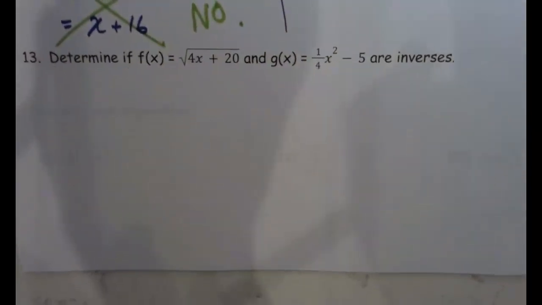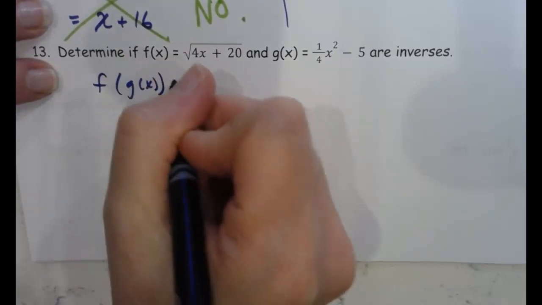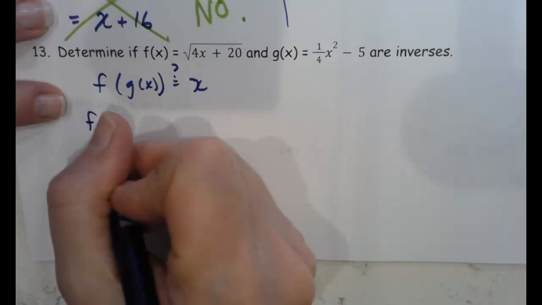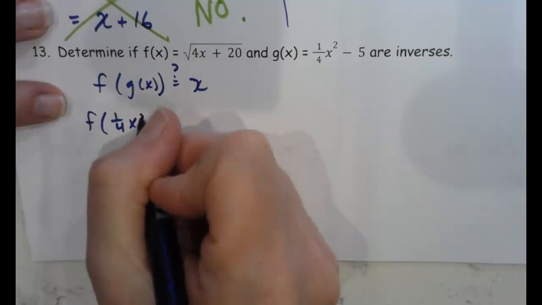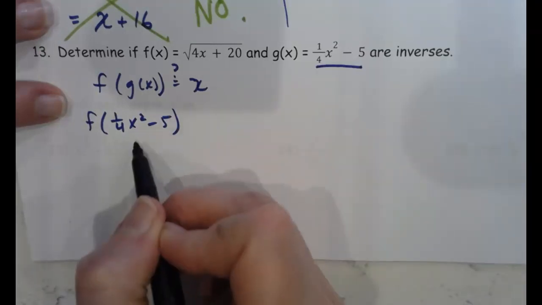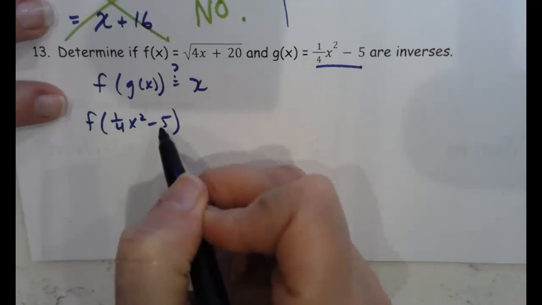Let's do the one on the bottom very quickly. F of g of x. Do we get x? Question mark. Let's see. F of 1/4 x squared minus 5. So notice that I just put the g function in there. We're going to take this whole expression. Remember, everything inside the parentheses is an input.